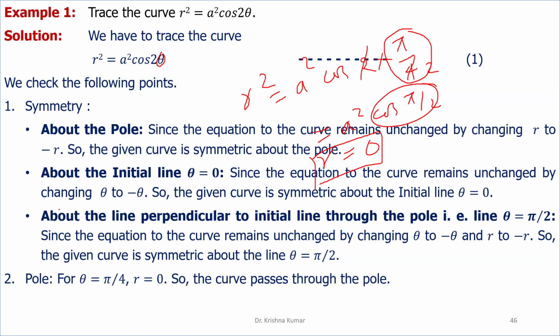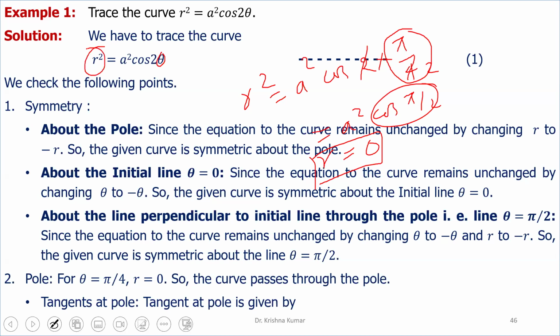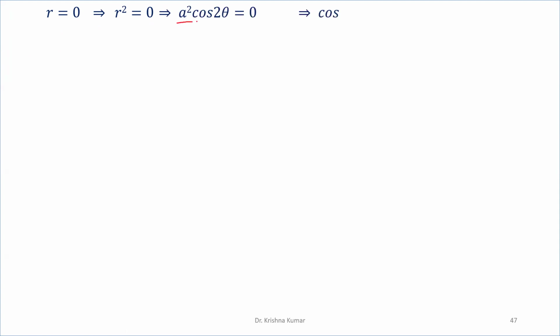Now the second thing is, if the curve passes through the pole, then what is the tangent at the pole? The tangent at the pole can be obtained by putting r equal to 0. So let us put r equal to 0 in equation number 1. We have r square equal to 0, which gives us a square cos 2 theta equal to 0.